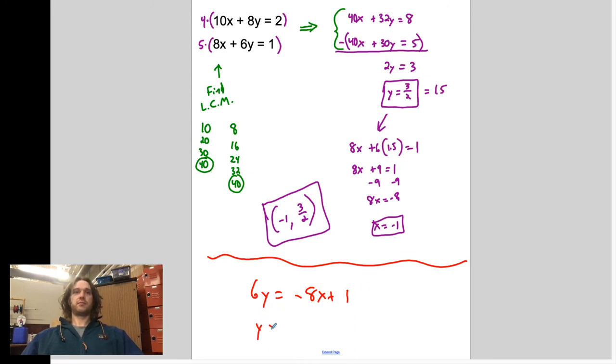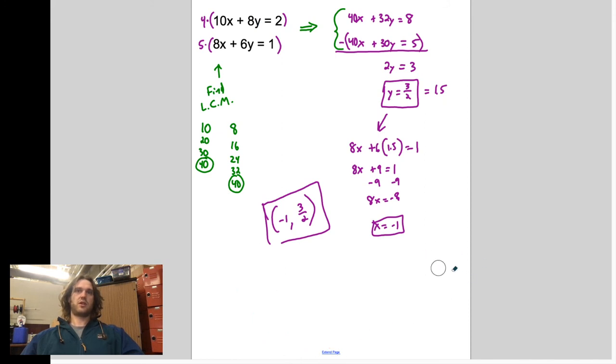Divide by 6, and you end up with, yikes, forget that. Divide by 6, negative 4 over 3x plus 1/6, and then I have to take that and plug that into the top equation. No, thank you. Yeah, that's rough. So that's why substitution is maybe not the best choice here.